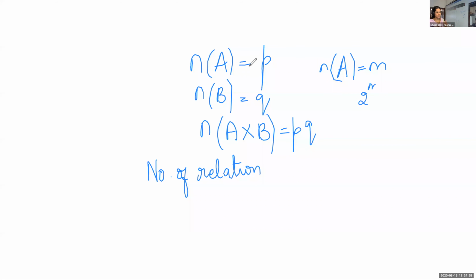Collection of all subsets we call the power set. What is a power set? Collection of all subsets. All the subsets, we count it, okay? So, if A is a set having M elements, then the power set of A will have 2 raised to M elements.